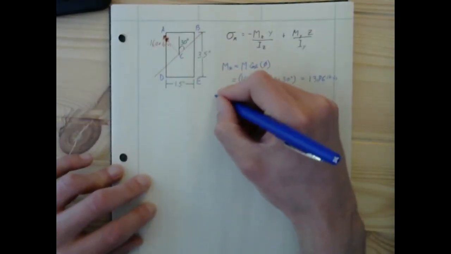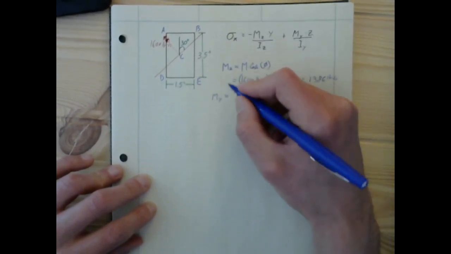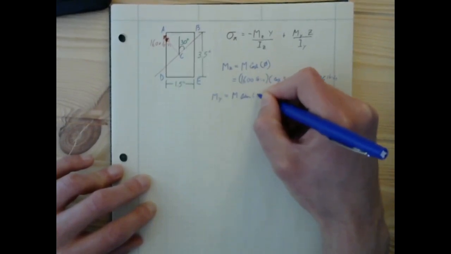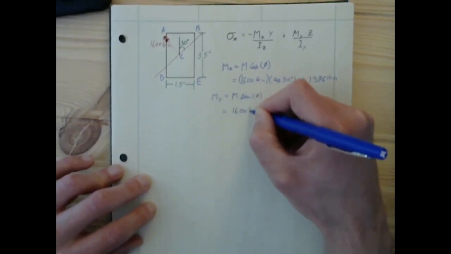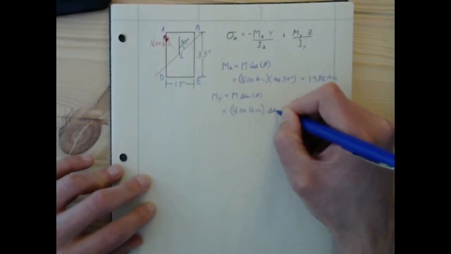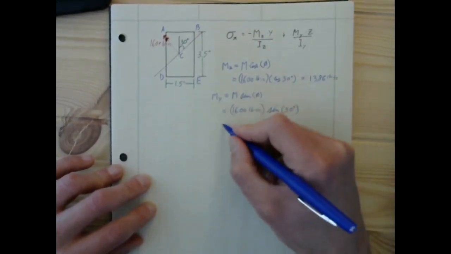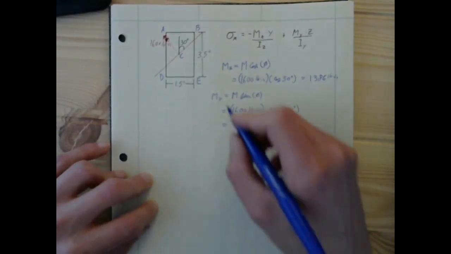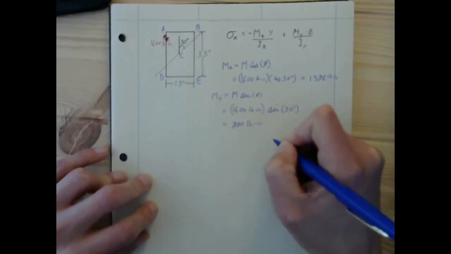And the moment in the y direction is going to be equal to the moment times the sine of that angle, which in this case is going to be 1600 pound-inches times the sine of 30 degrees, and that will equal 800 pound-inches.